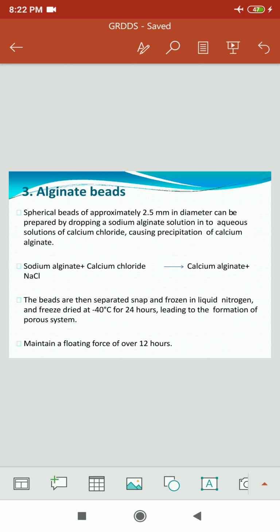In this, we prepare sodium alginate with an organic solvent, and in another beaker we have water plus calcium chloride.